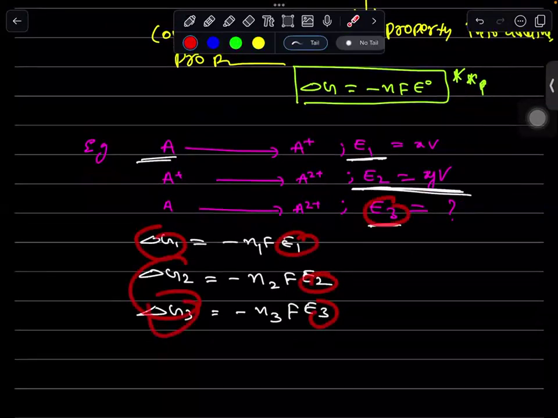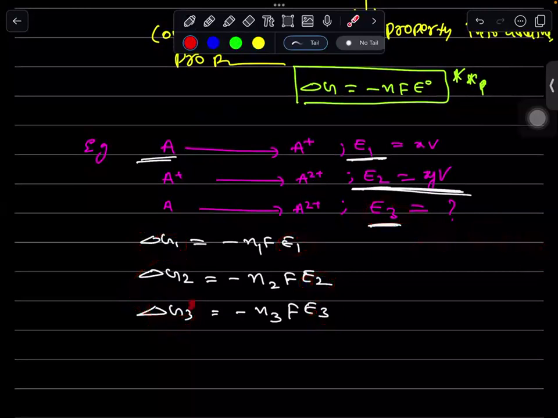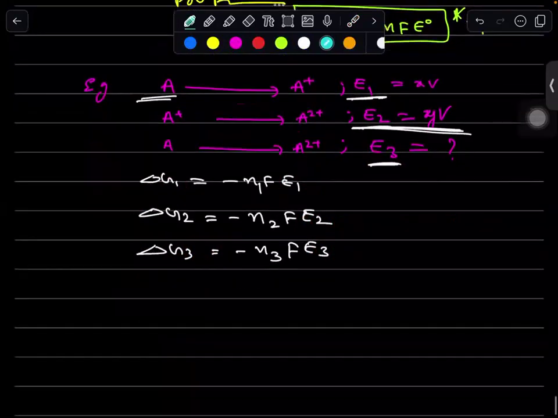So E3 is not equal to E1 plus E2, but del G3 can be equal to the sum of del G1 plus del G2, right? So del G3 is absolutely equal to del G1 plus del G2.